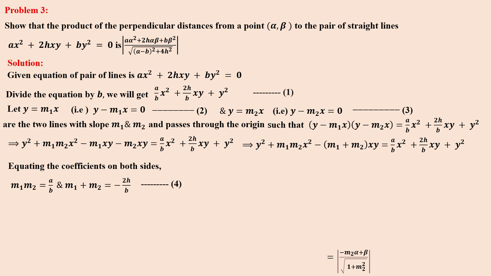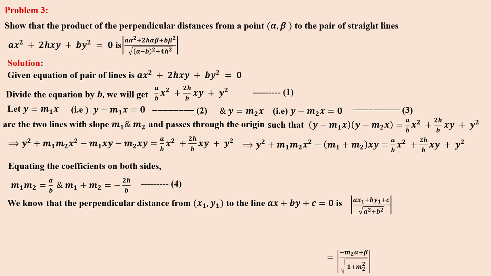That is the fourth equation. We know that the perpendicular distance from (x1, y1) to the line ax + by + c = 0 is given by the formula modulus of (ax1 + by1 + c) divided by the square root of (a² + b²).